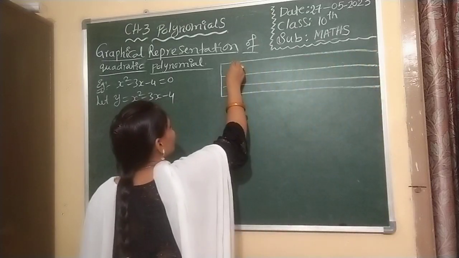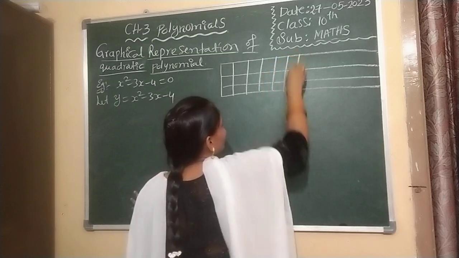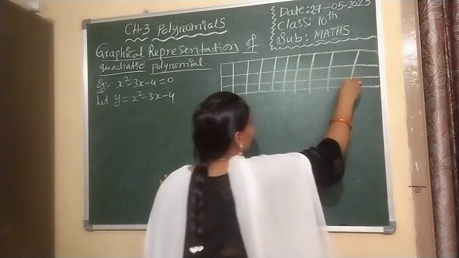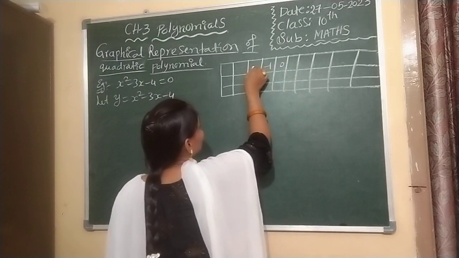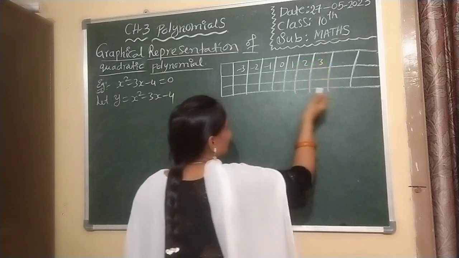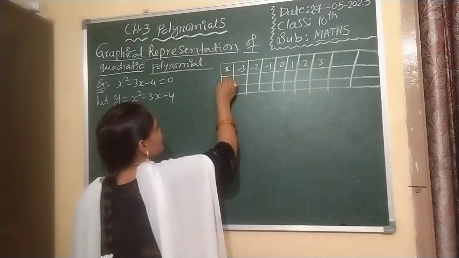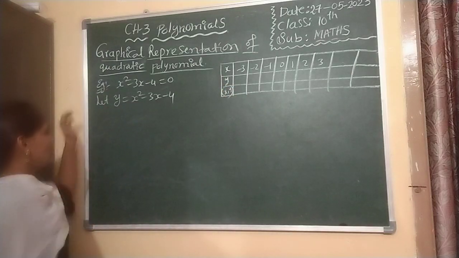Here 0, minus 1, minus 2, minus 3, 1, 2, 3. Enough. x, y, x comma y. Now find the values.